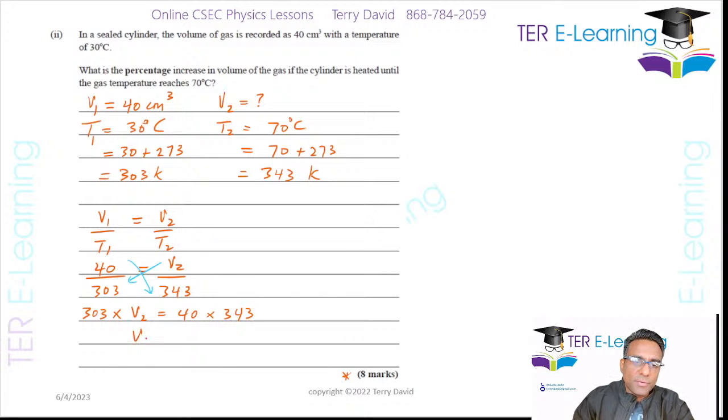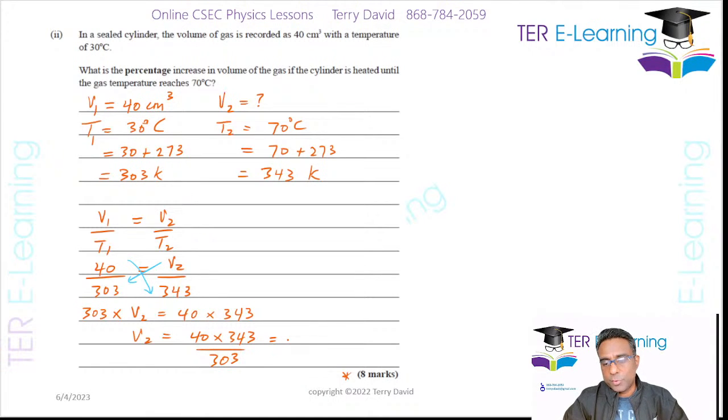Therefore V2 is equal to 40 multiplied by 343 all over 303, and that is going to give me 40 by 343 divided by 303, and I'm getting a volume of about 45.28.